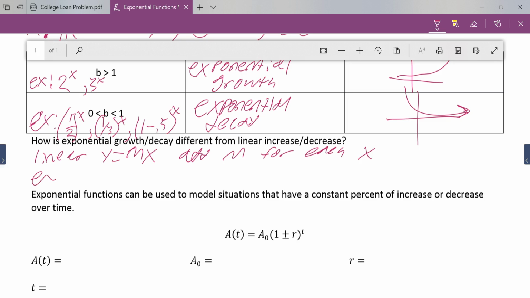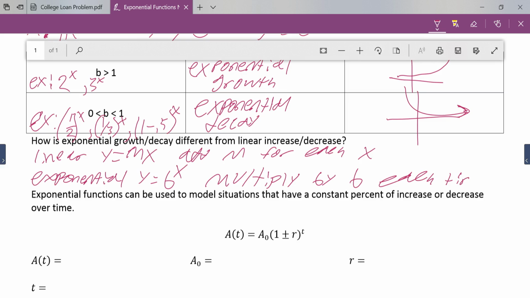With exponential, where we have y equals b raised to the x, we multiply by b each time. So whereas linear graphs are characterized by adding a constant value each time, exponential graphs are characterized by multiplying by a number each time.